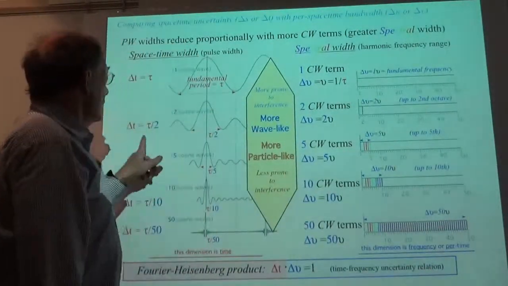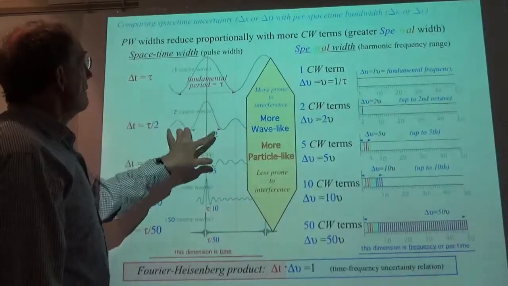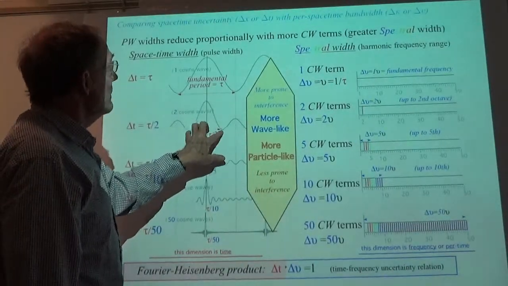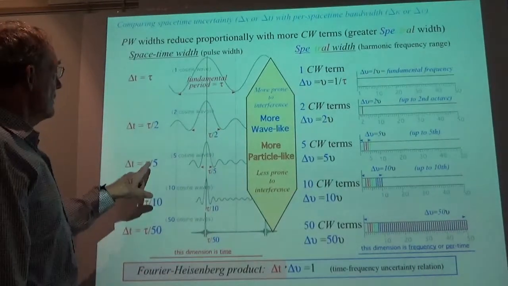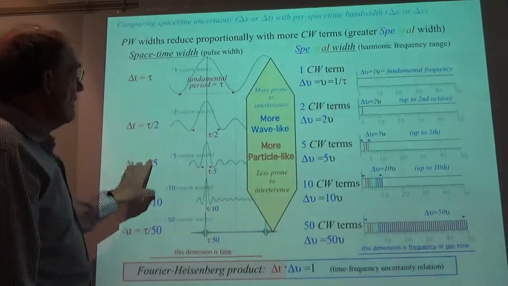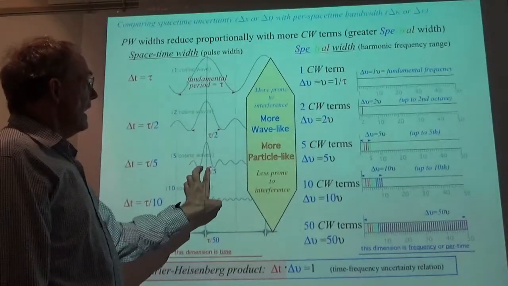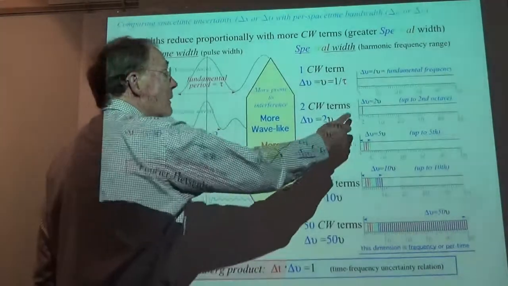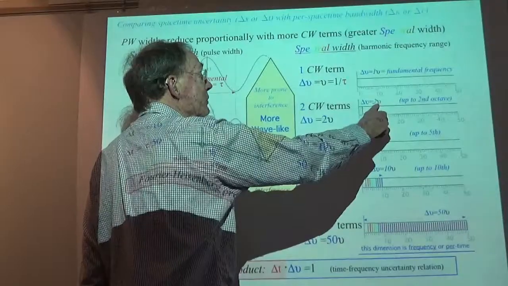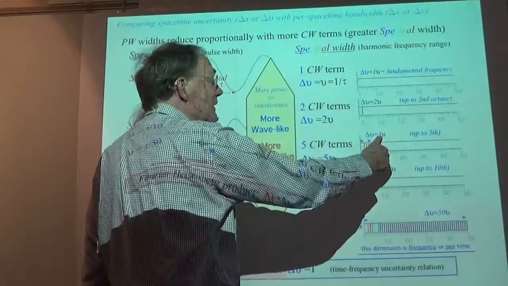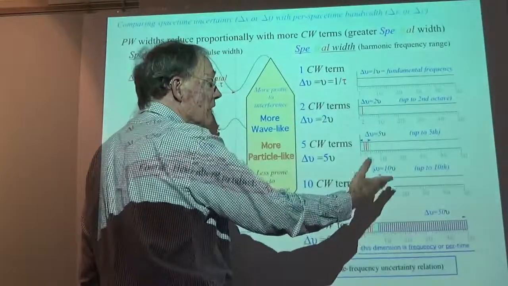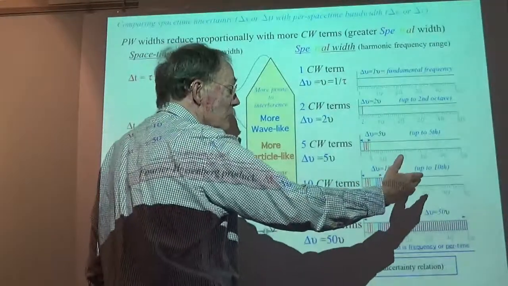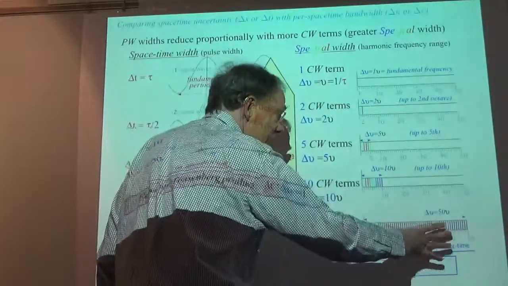Okay, next one, 2. It brings this point in by a factor of 2, and then 3, 4, 5 brings it in by a factor of 5. So as I add more, my uncertainty goes up to 2 here, up to 5 here, 6, 7, 8, 9, 10 here, 11, 12, 13, 14, 20, 30, 40, 50 here.